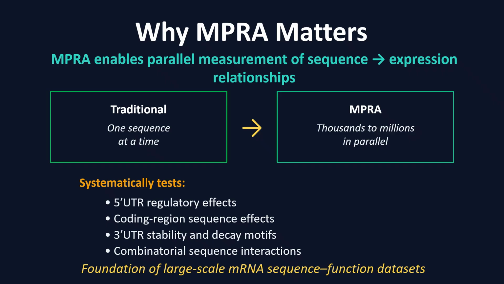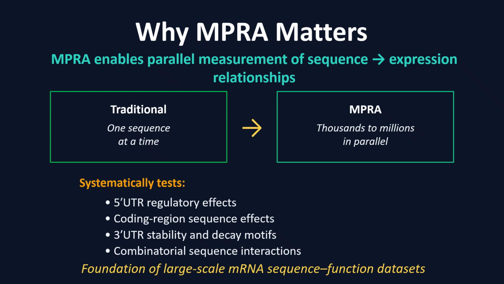So MPRA matters because it fundamentally changes how we study RNA sequence function relationships. Using this framework, we can systematically test how regulatory elements influence expression. So we can measure 5' UTR effects, coding region features, 3' UTR motifs, how all these elements regulate stability, decay, as some examples.